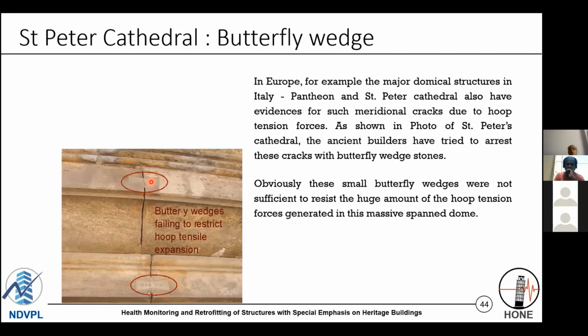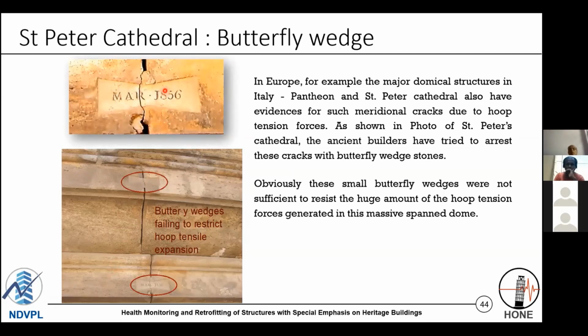The ancient builders tried to arrest them using butterfly wedges. Again, they failed to quantify. There are many butterfly wedges, and they engraved the year for every butterfly wedge, and the duration is more than 3 centuries. So for 3 centuries they were trying to arrest this hoop tension crack. Hoop tension cracks are still there in this Saint Peter Church dome.